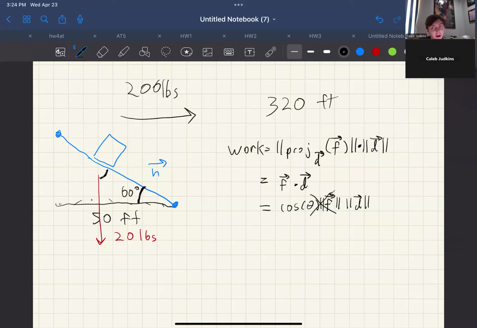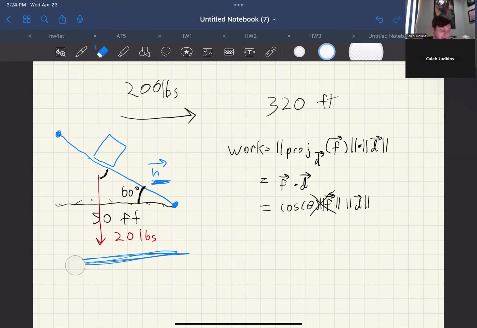Now, this problem is a little bit special because we don't know immediately what this vector H exactly is. But I know its horizontal component is 50. So what's left to find out is the vertical component.